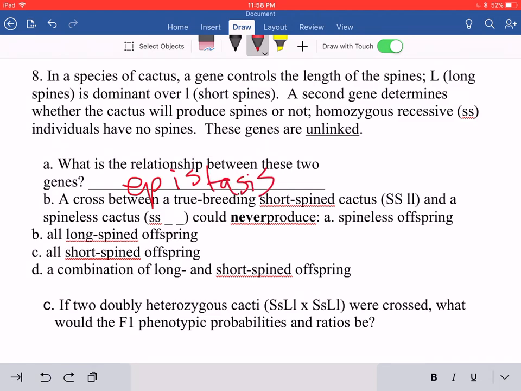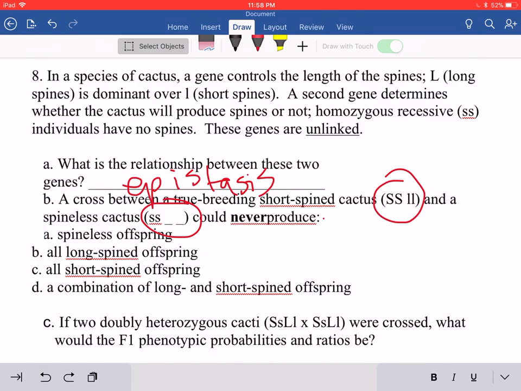All right, when we look at a cross between a true breeding short-spined cactus, you can see the genotype here, and a spineless cactus, you can see part of the genotype here, could it never produce a spineless offspring, all long-spined offspring, all short-spined offspring, or a combination of long and short-spined offspring?